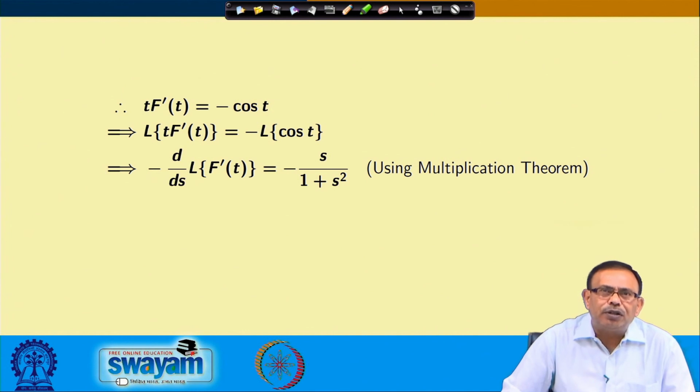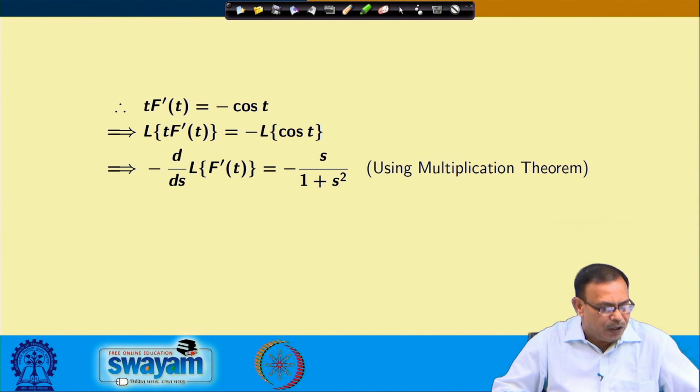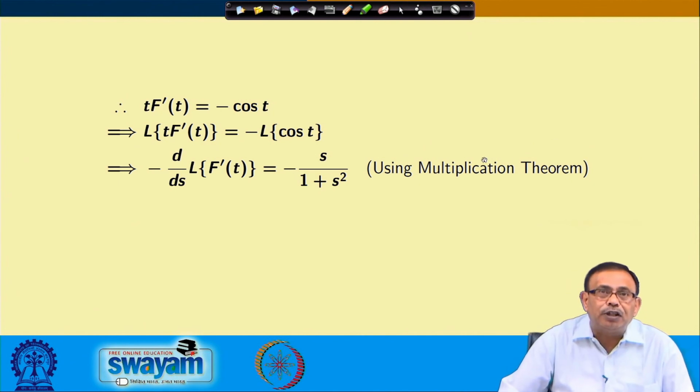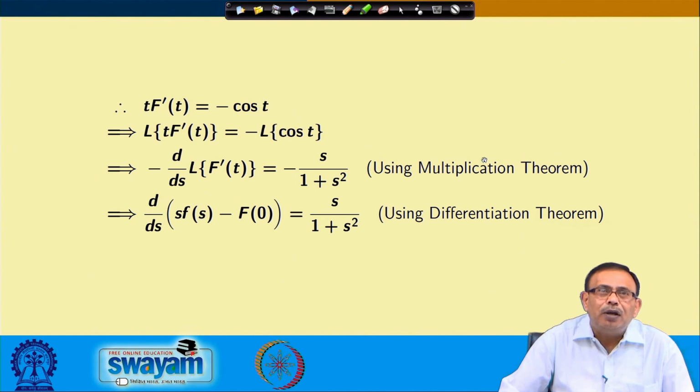Using the multiplication theorem, just like the earlier approach, Laplace transform of t f'(t) can be written as minus d/ds of Laplace transform of f'(t), and this equals minus s by 1 plus s square. Laplace transform of f'(t) can be written as s F(s) minus f(0) using the differentiation theorem.